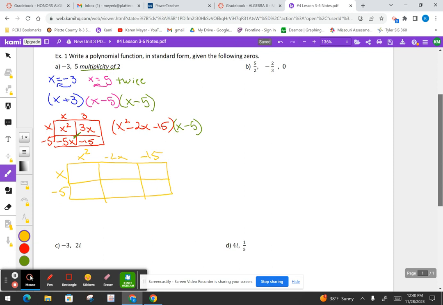Okay, then we're just going to start multiplying. And remember, when you're multiplying, you add your exponents. So x to the third minus 2x squared minus 15x minus 5x squared plus 10x plus 75.